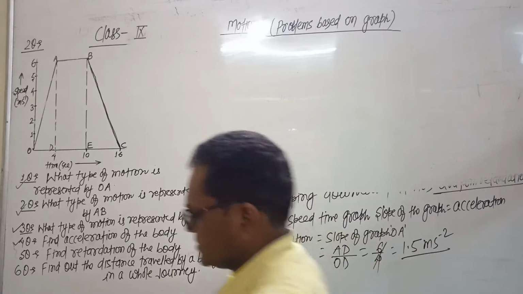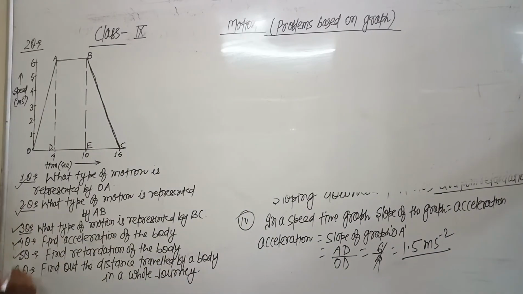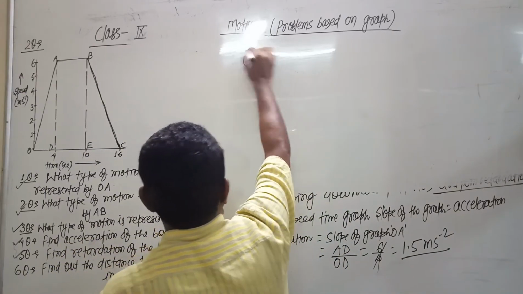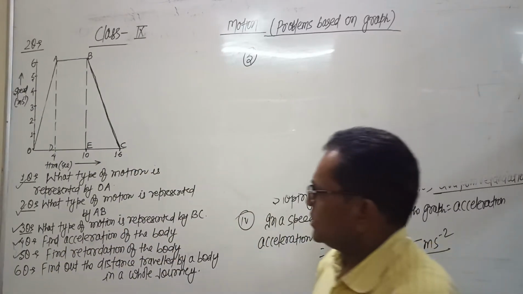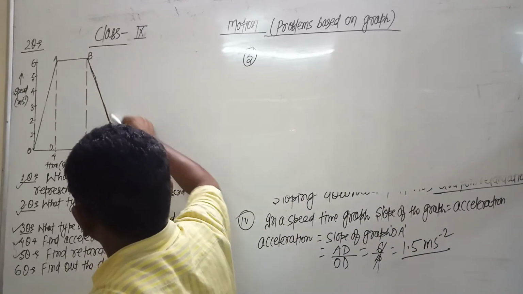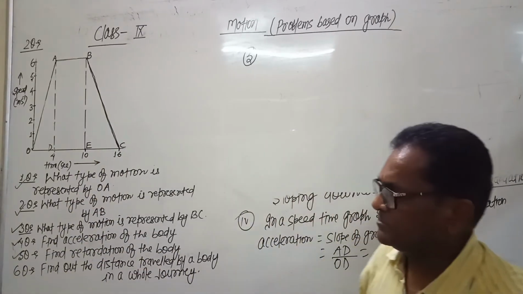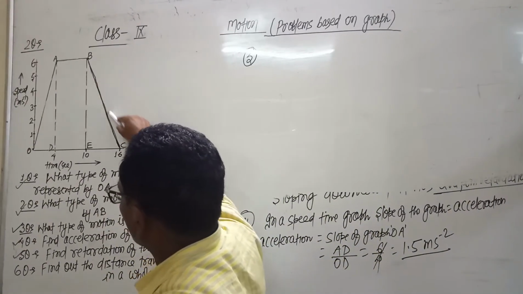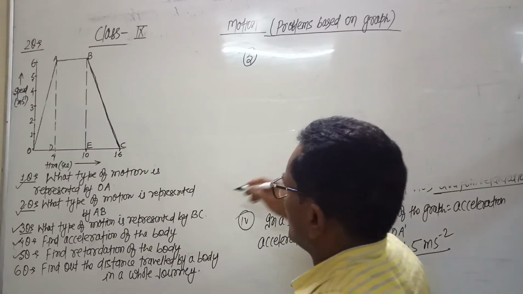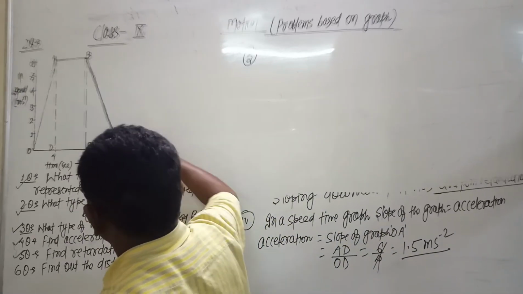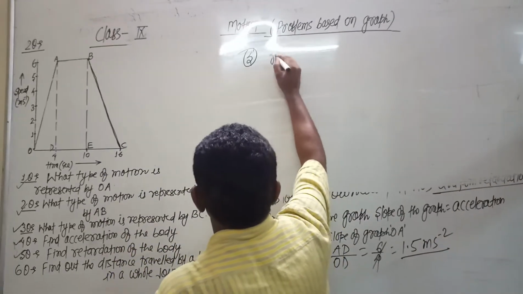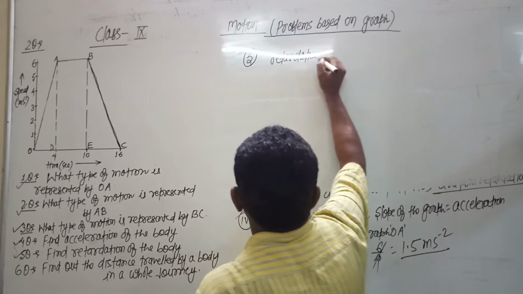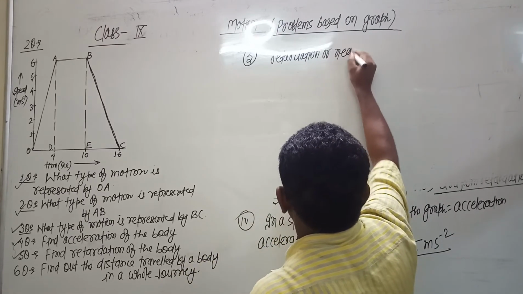Now the fifth part, we have to find the retardation of the body. From B to C there is retardation because speed goes on decreasing. Slope of graph BC equals retardation, or negative acceleration.